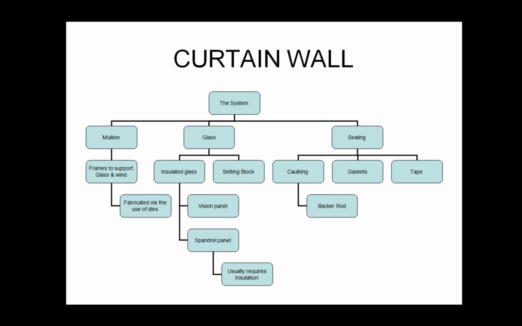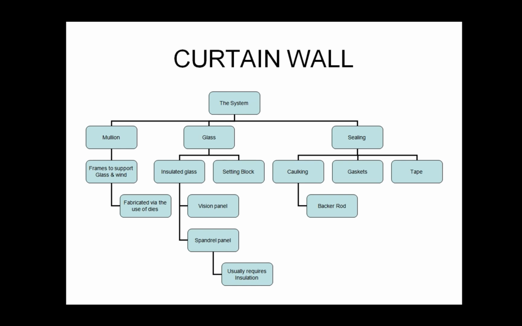All right, so every part of the curtain wall will include the mullions, which is how the frame of the curtain wall fastens to the structure, as well as provides a similar connection to your glass and windows. Okay, there are various ways of installing the glass and types of glass that will go into a curtain wall system.